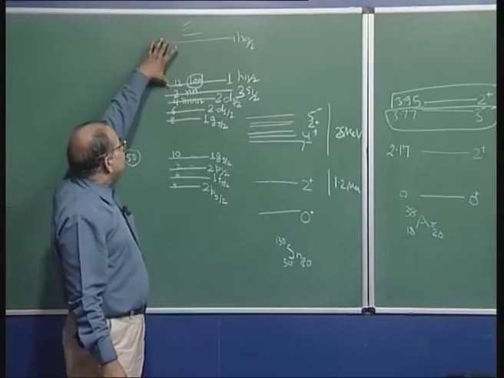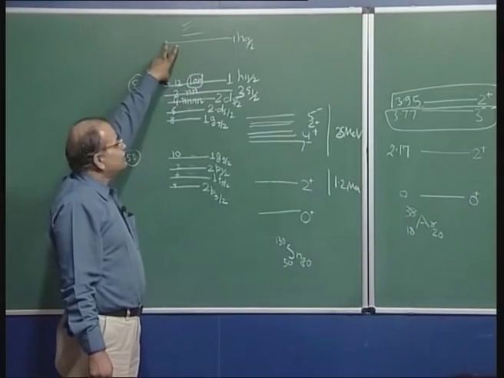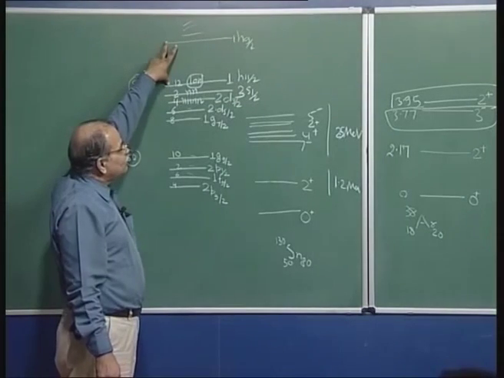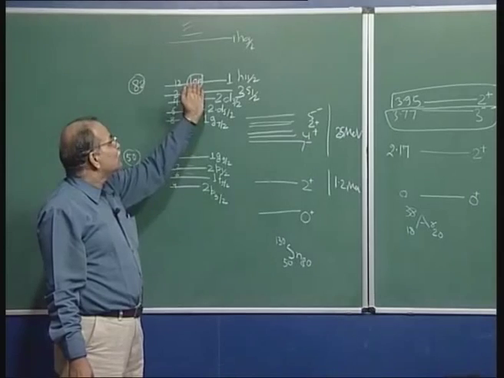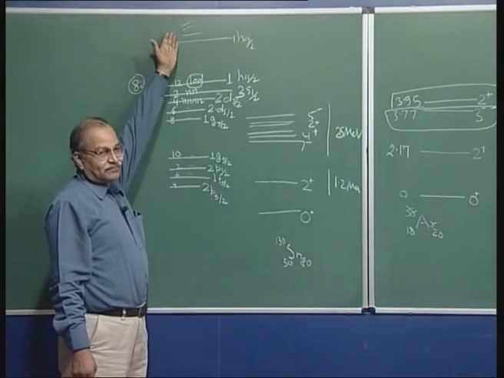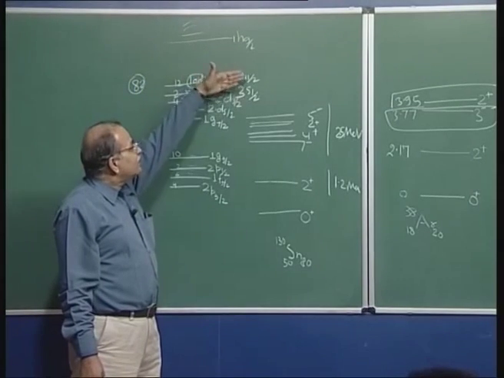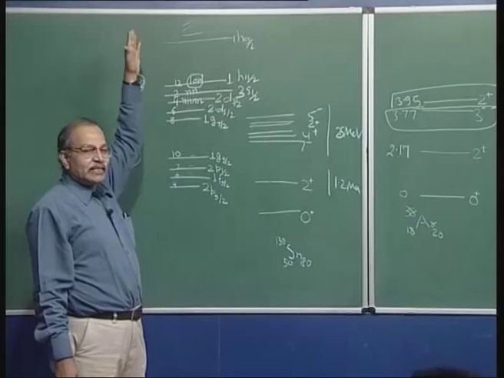So this major shell gap is too high, right? This major shell gap is too high, and at this low energy you do not expect that it will go to that shell. You can think of that, then one will be h9/2 and one will be h11/2, but the energies will lie too high.